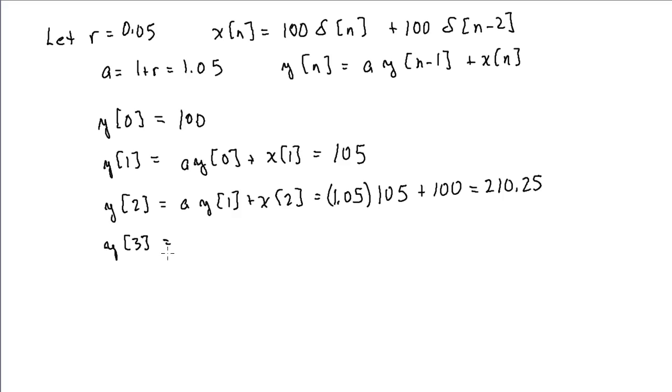So we'll look at some solution methods for doing that. I'll also mention that we can model our system using a block diagram, just as we can do for continuous time systems. Our system equation here is x of n plus a y of n minus 1.